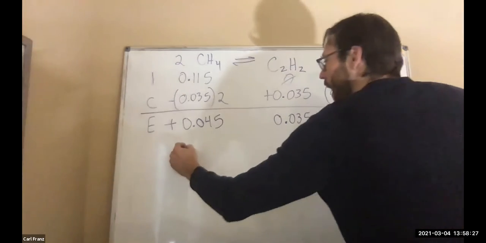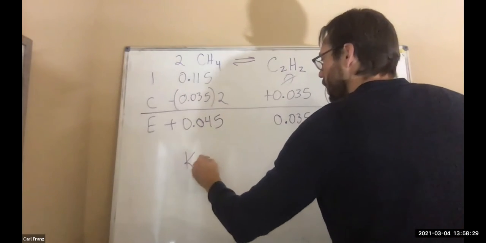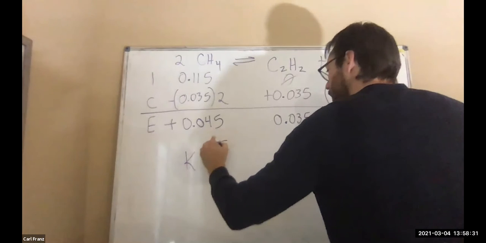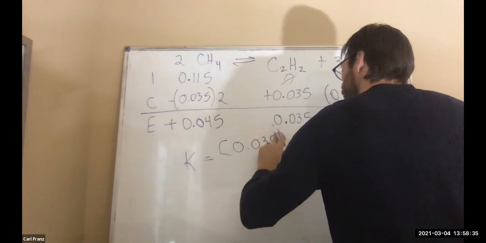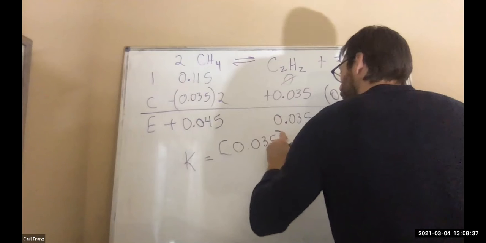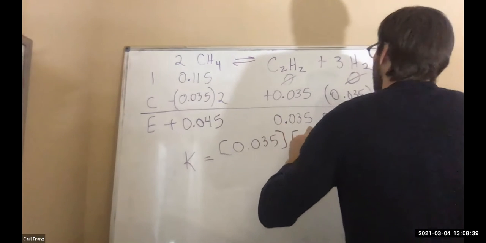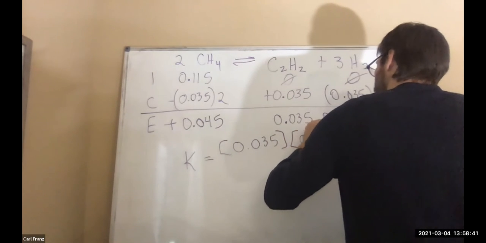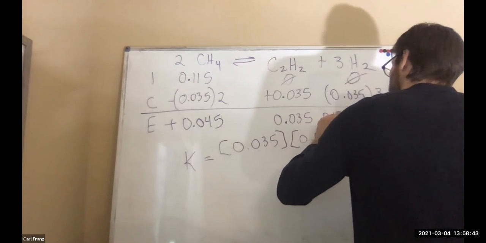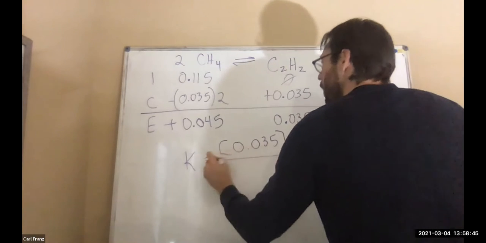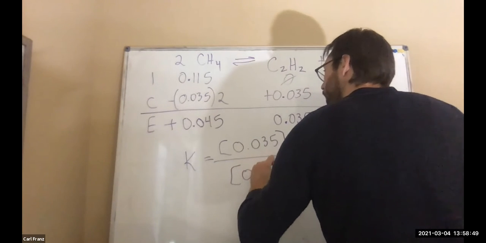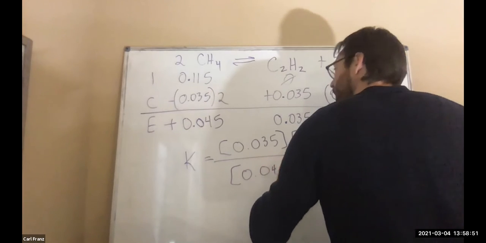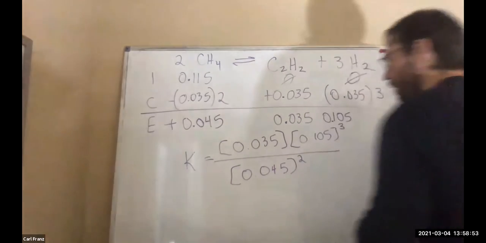And so K is 0.035 times 0.105 to the third over 0.045 to the second.